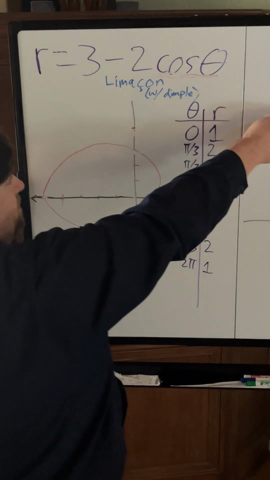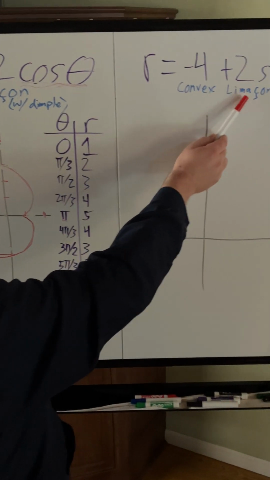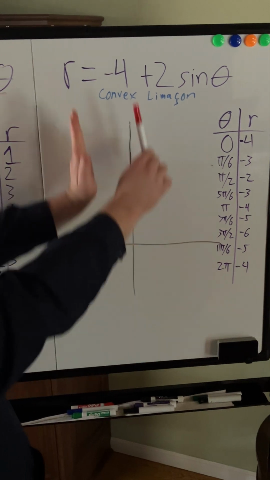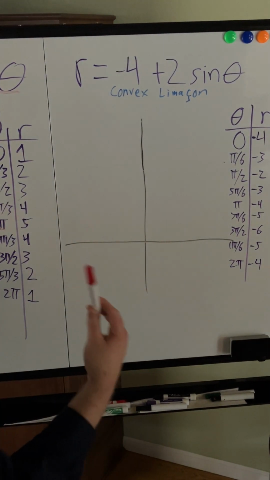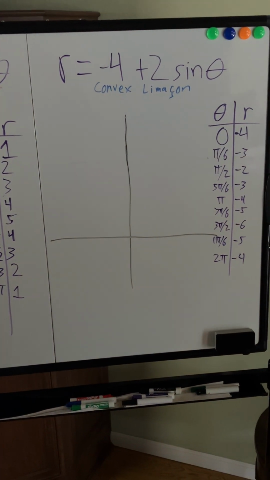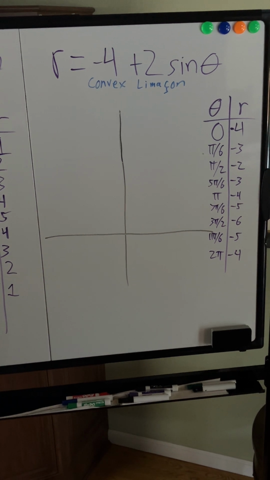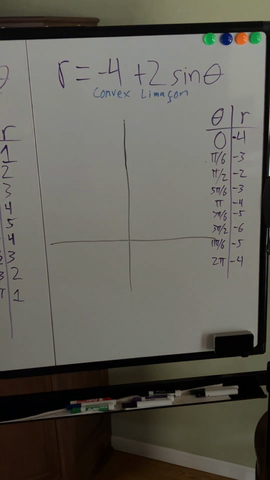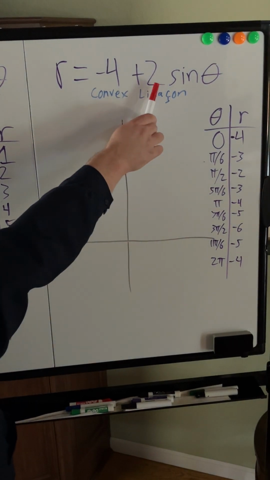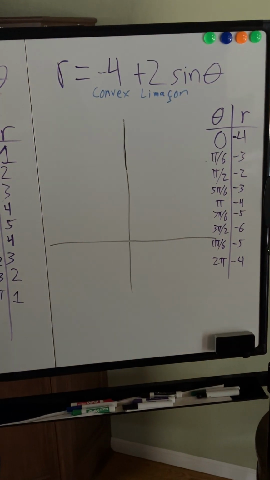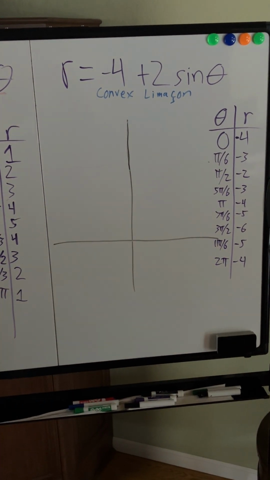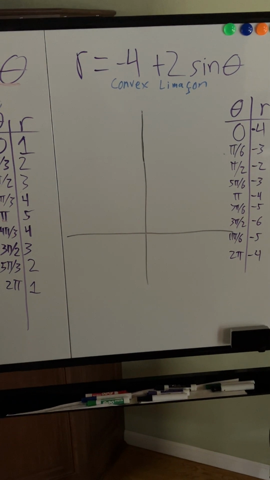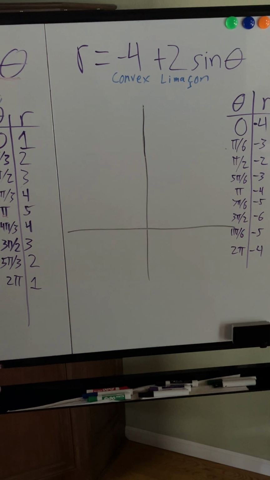So let's look at this one. Here we have a sine graph, so it's going to be oriented either this way or this way. Well, I ask myself, when is r going to be at its greatest value? That's when this is negative 2, because then I'm going to get an r value of negative 6.